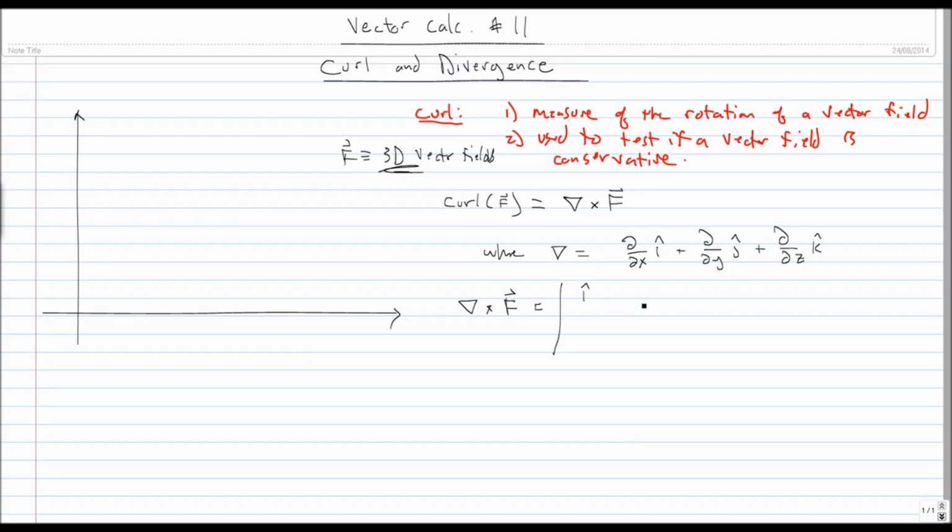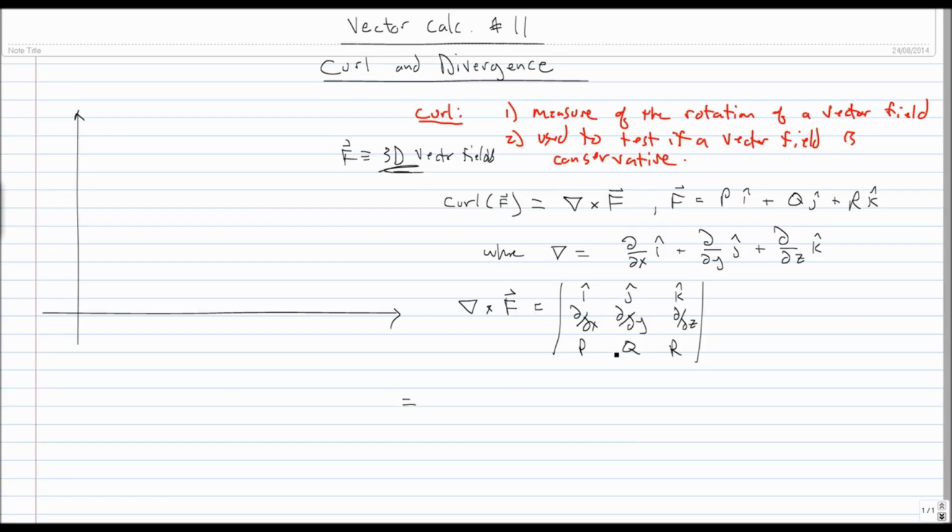So when you take the cross product, you write it like this. We'll say that f is the vector p, q, r.